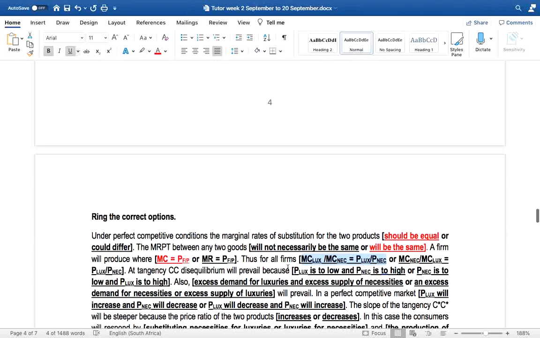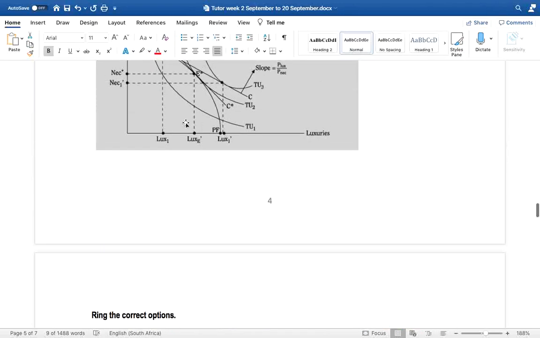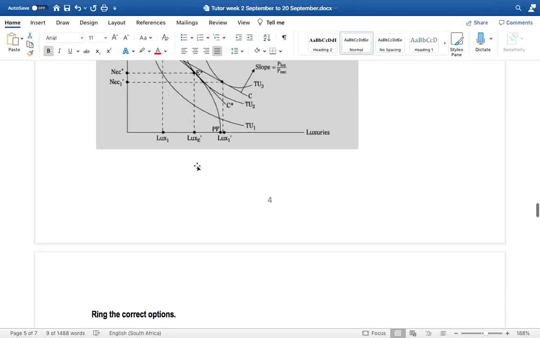At tangency CC, this equilibrium will prevail because the price of necessities is too low and the price of luxuries is too high.